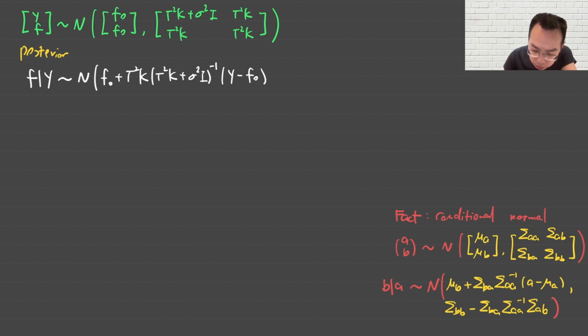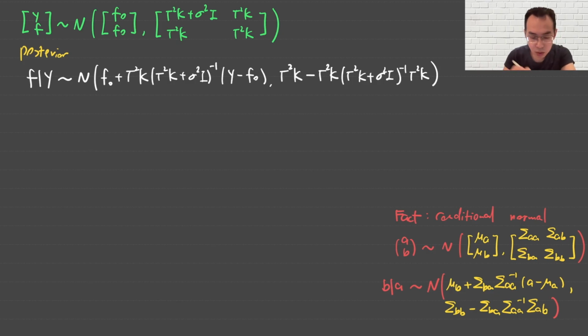So that's the mean term, and then we'll have the variance term as tau square k minus. Okay, so that's the final form you have in the end.